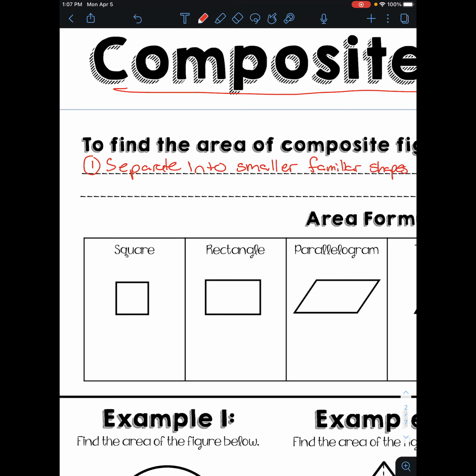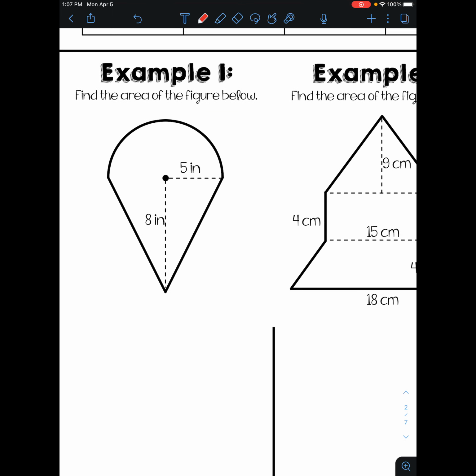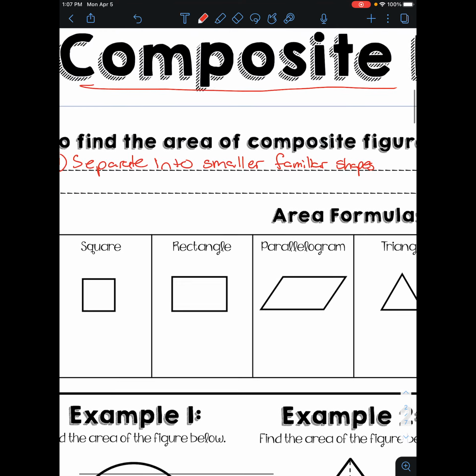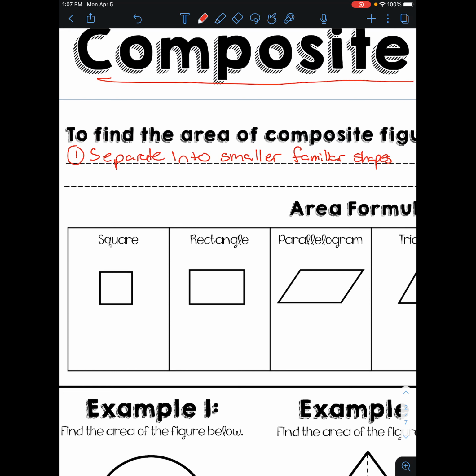And we say smaller, familiar shapes because obviously you don't know how to find the area of an ice cream cone, but you do know how to find the area of a semicircle and a triangle. So separate into smaller, familiar shapes.